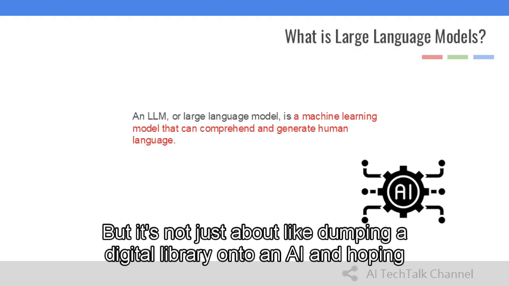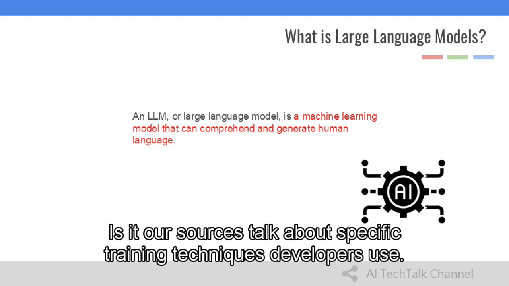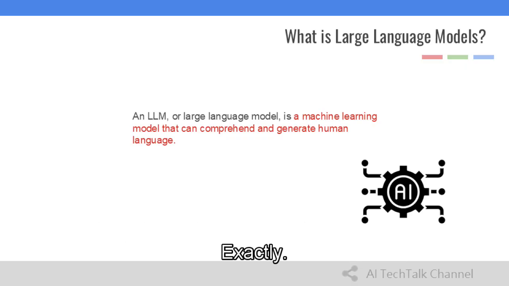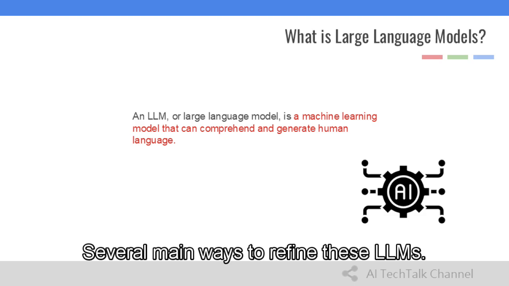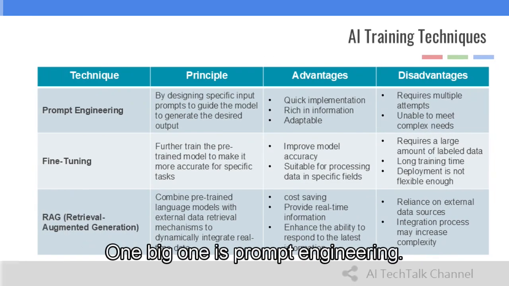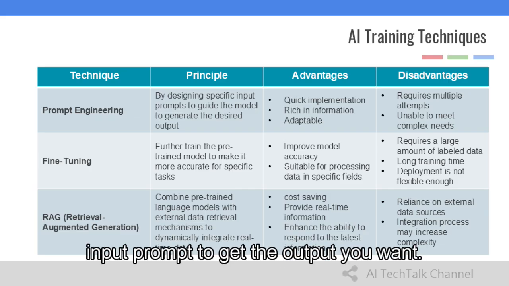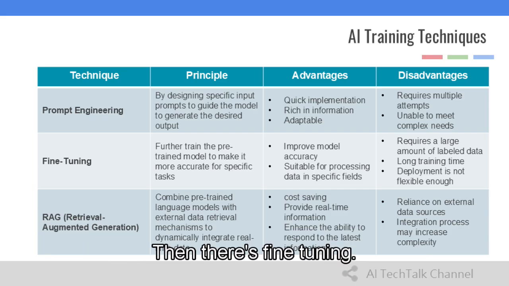Yeah. But it's not just about dumping a digital library onto an AI and hoping for the best. Is it? Our sources talk about specific training techniques developers use. Could you give us a quick overview of those main strategies? Exactly. It's more sophisticated than that. There are several main ways to refine these LLMs. One big one is prompt engineering. That's all about how you ask the question, essentially. Crafting the input prompt to get the output you want. Then there's fine-tuning.